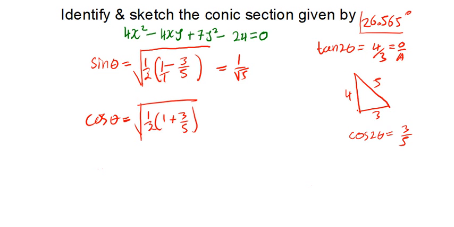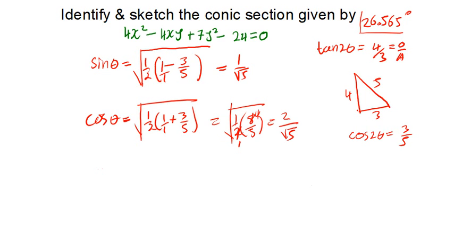If you make this a single fraction, it's 1 over 2 times 5 plus 3, which is 8, divided by 5. 2 into 8 gives 4, and the square root of 4 is 2, so this is going to be 2 over the square root of 5. So that's what our cos is.